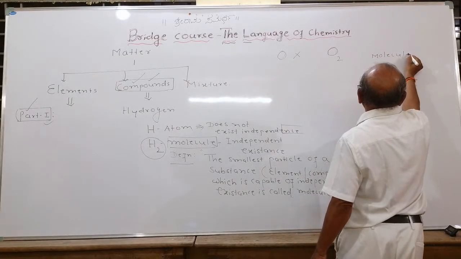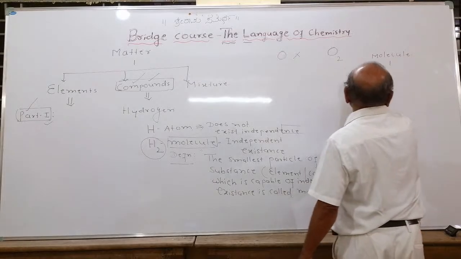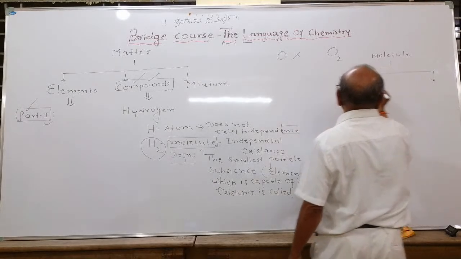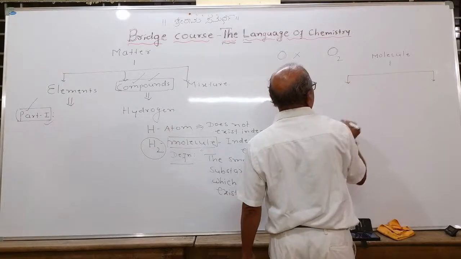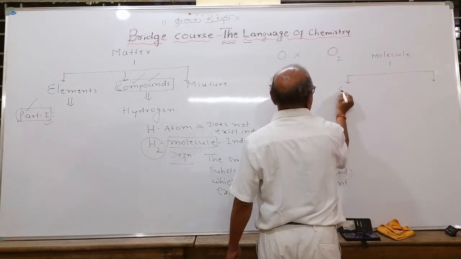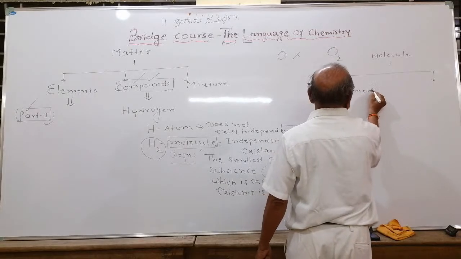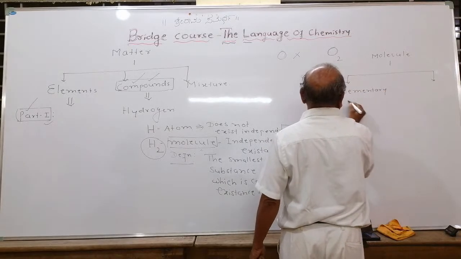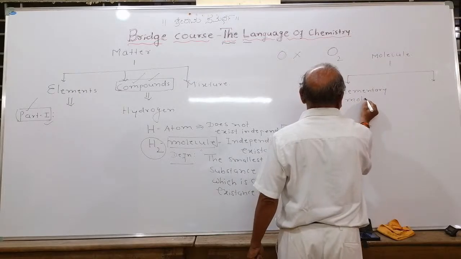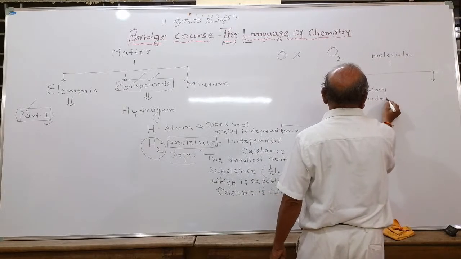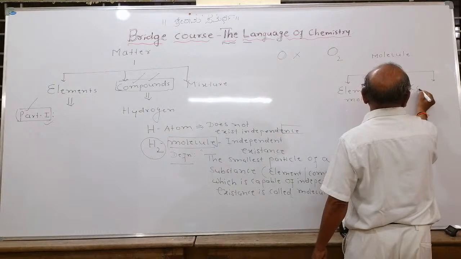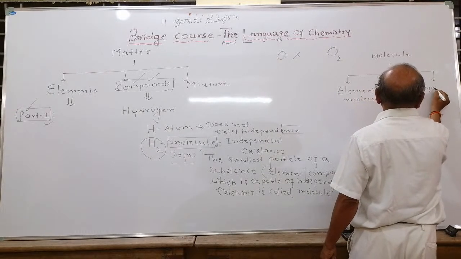understand correctly, note down definitions in your textbooks. Some of the definitions will not be clear. Clearly understand what is a molecule. Molecules are classified into two types. One is called as elementary molecules, and the other compound molecules. Molecules of the element, molecules of a compound. Elementary molecules and compound molecules.